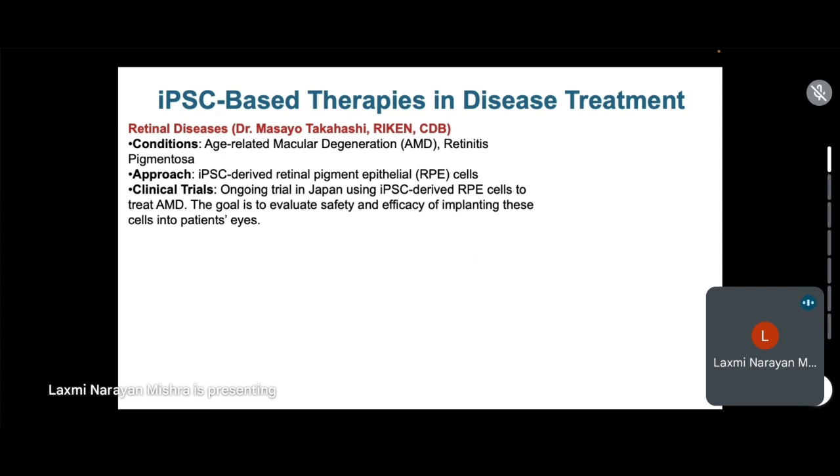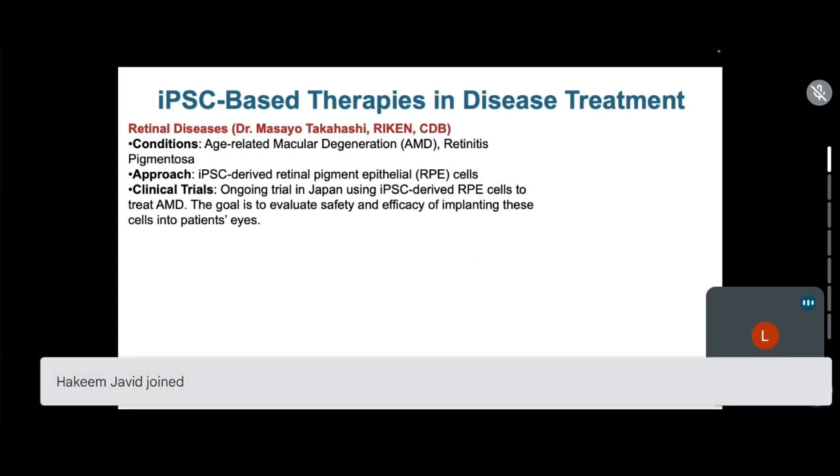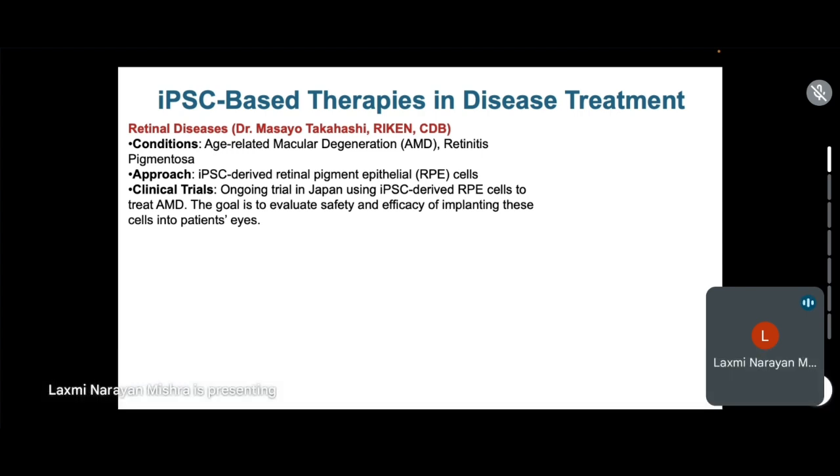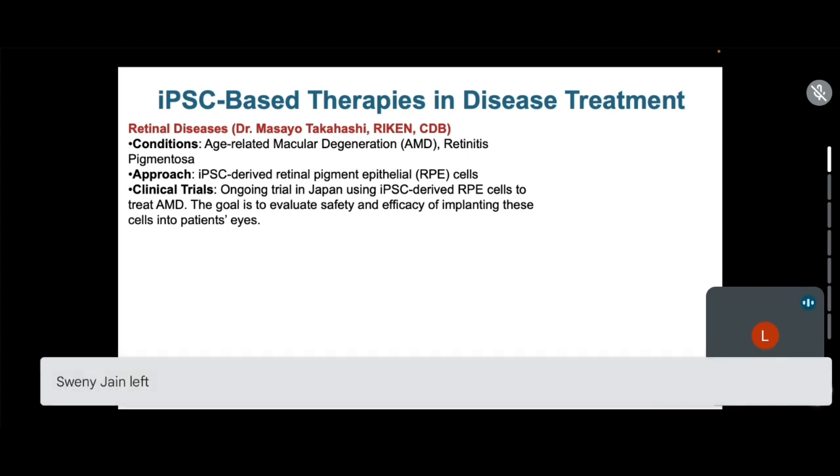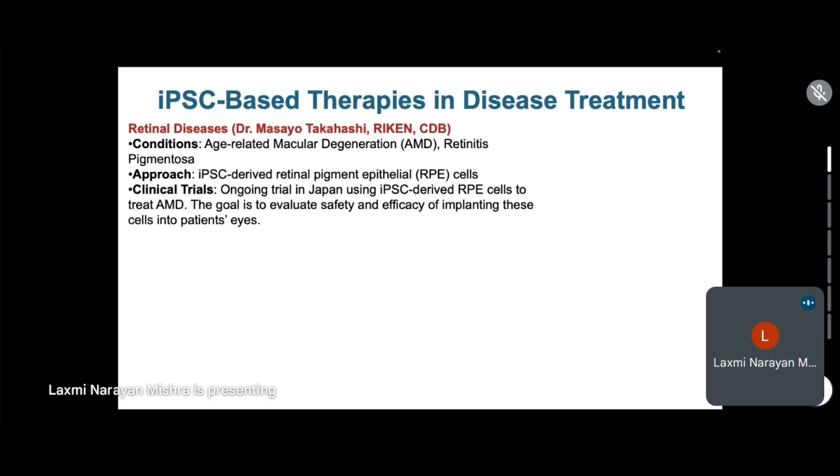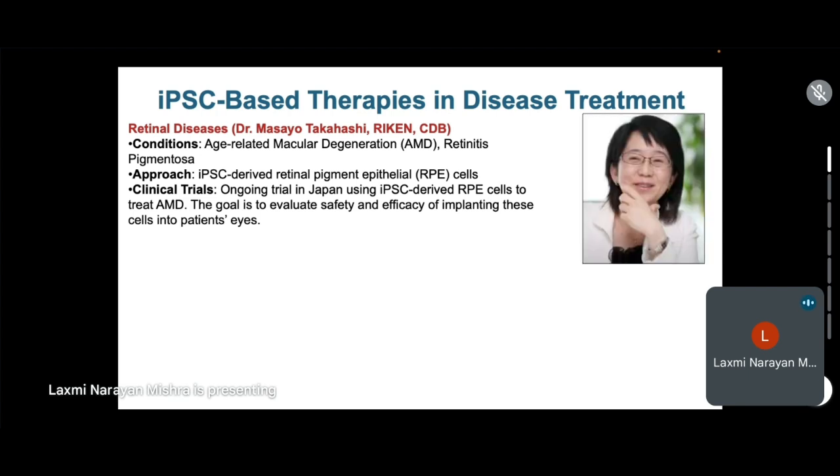iPSC based therapies are now coming up, and one of the diseases is age-related macular degeneration. This is related to retinitis pigmentosa that I discussed already in the previous slide. The approach was iPSC derived retinal pigment epithelial cells, and clinical trials are ongoing in Japan using these cells to treat AMD. The goal is to evaluate safety and efficacy of implanting these cells into patient eyes.